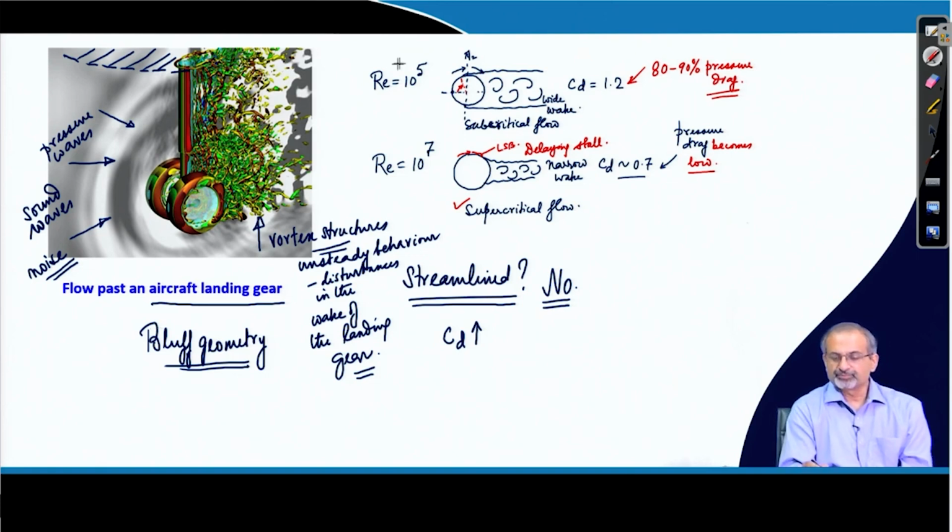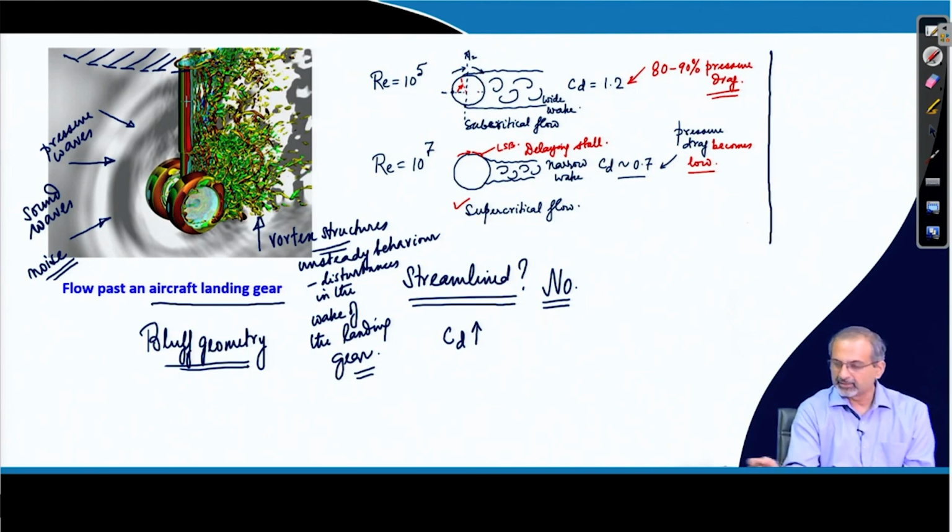Okay. So, we had learned earlier about bluff body flows when we briefly looked at flow past cylinders. So, if you look at the cross section of the strut, for example, over here, this is a cylindrical section. The wheel portion is a little more complex in terms of geometry, but they are also bluff in nature.